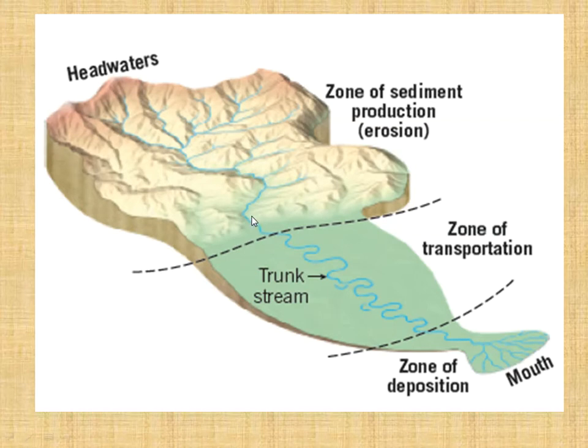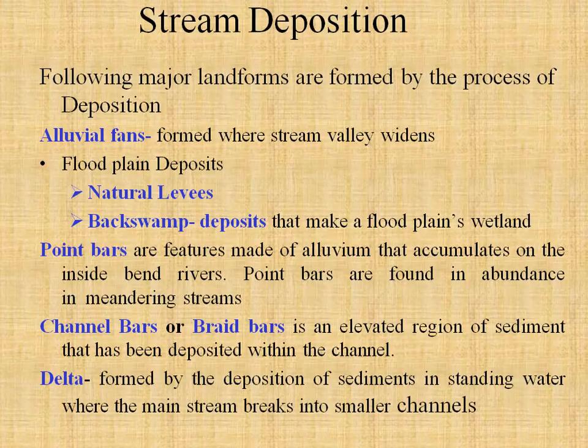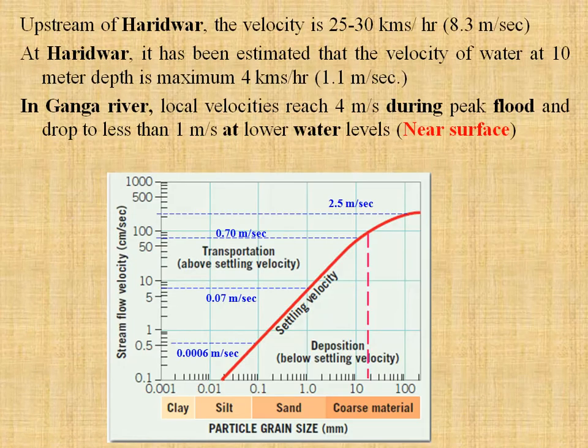So whatever sediments are moving here, as and when the velocity of water comes below their terminal velocity, they just start getting deposited. The different types of landforms are alluvial fans, which are formed where the stream valley widens and enters the plains. Then in the plain you have the floodplain deposits. We will be discussing natural levees, back swamp deposits, then point bar deposits, channel bars or bed bars, and then delta at the mouth of the river.